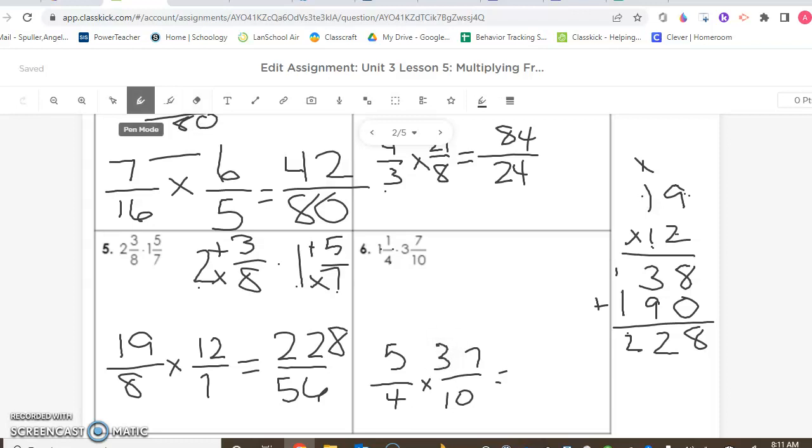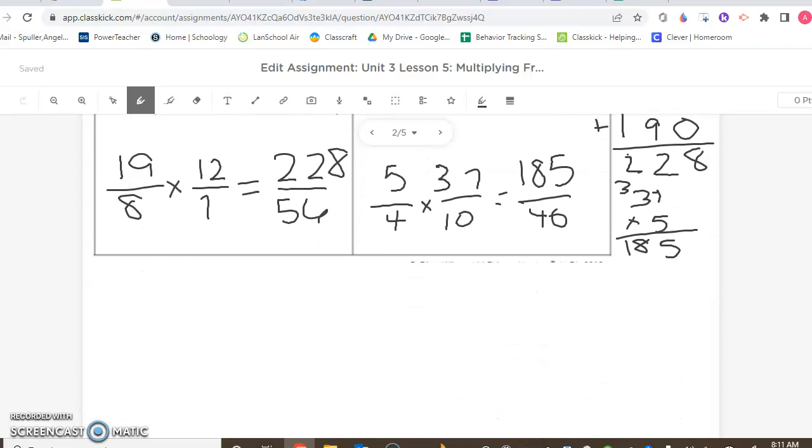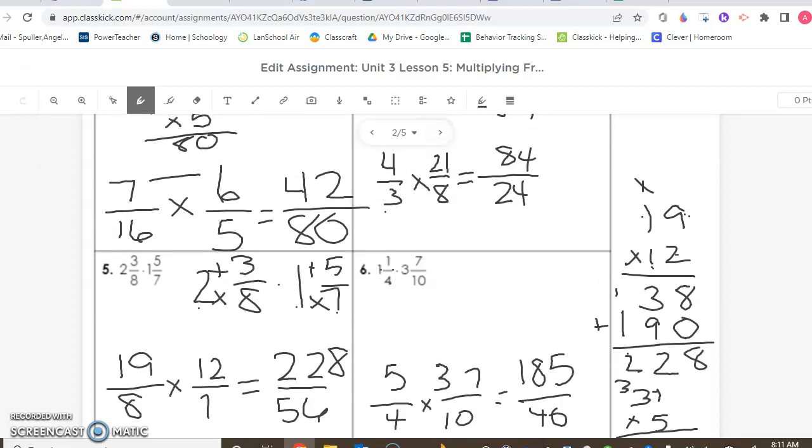Okay, 4 times 10 is 40. See, 37 times 5. 5 times 7 is 35. Carry the 3. That gets me 185.